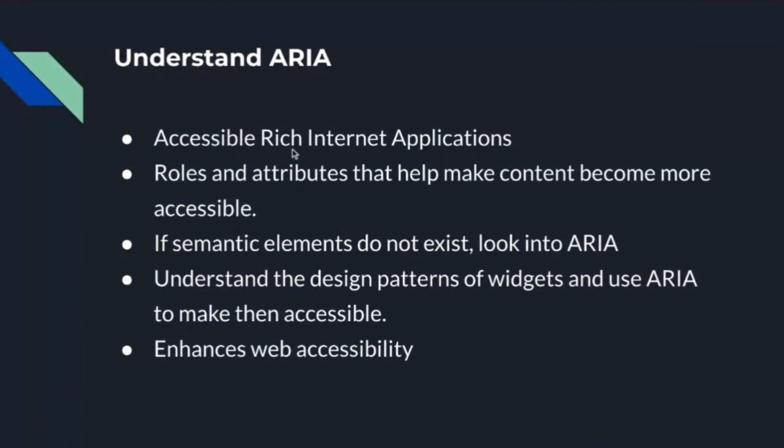It's called Accessible Rich Internet Applications. It can be a bit overwhelming to understand. They have so many attributes. And by attributes, I mean the way you have attributes in HTML, for example, an input, you have type is text or type is radio, right? Things like that, or an image, alt is the description.